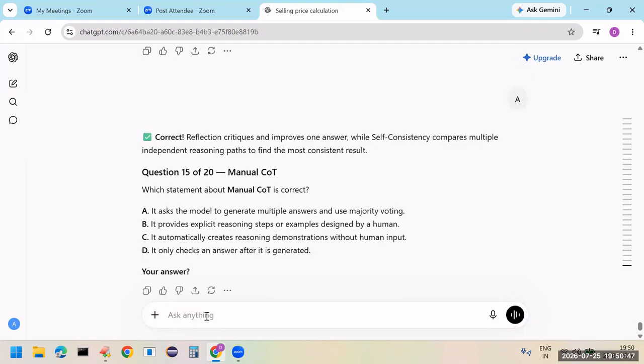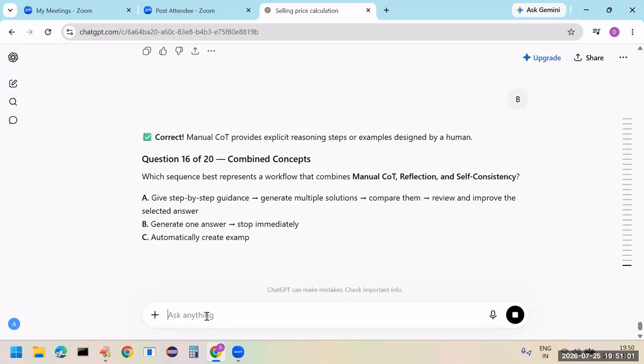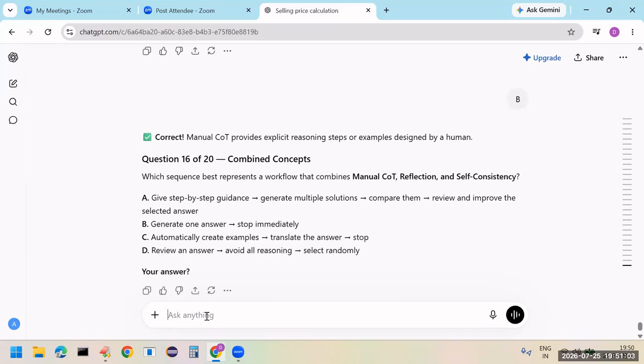Which statement about manual COT is correct? Yeah, B, sir. B. It provides explicit reasoning steps. Which sequence best represents a workflow that combines manual COT, reflection, and self-consistency?